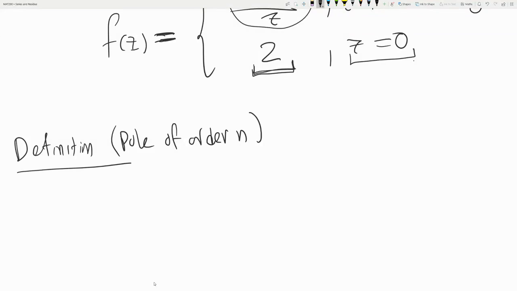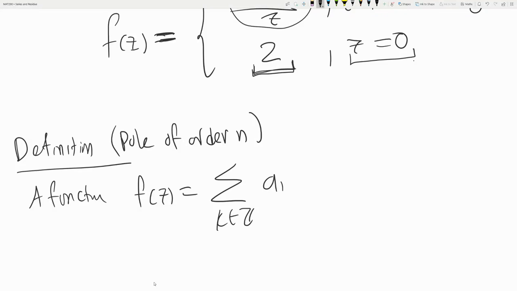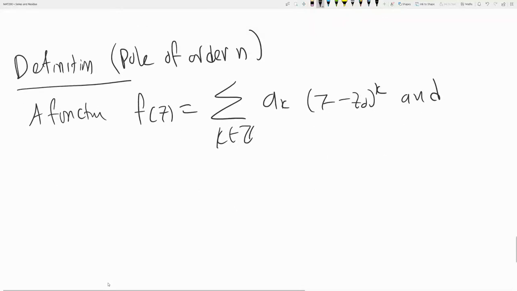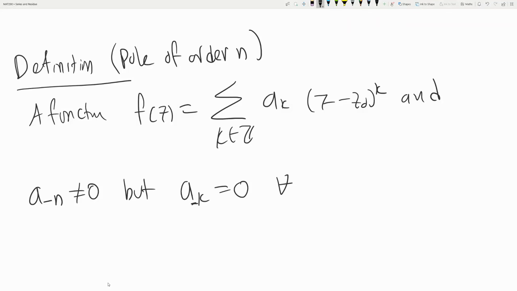Again, you have a function, the sum over k in the integers of a_k times (z minus z naught) to the k, and you have that a of minus n is not 0, but a of minus k is 0 for all k strictly bigger than n.